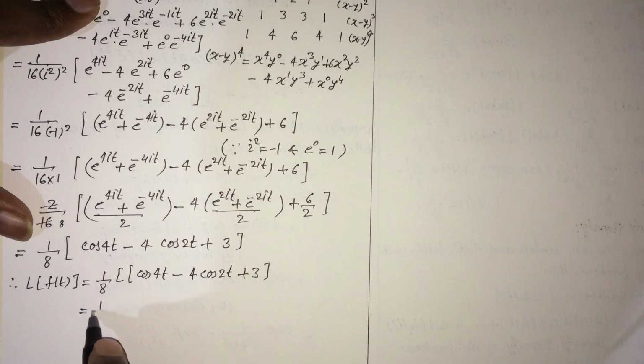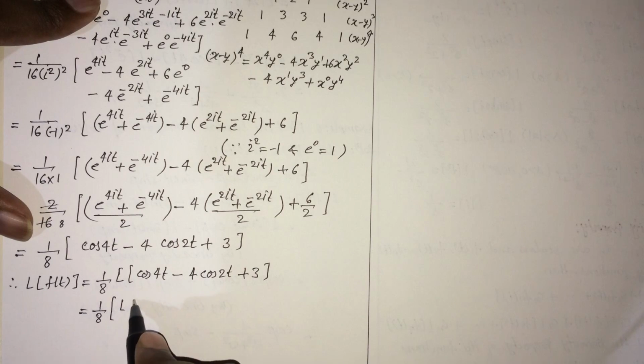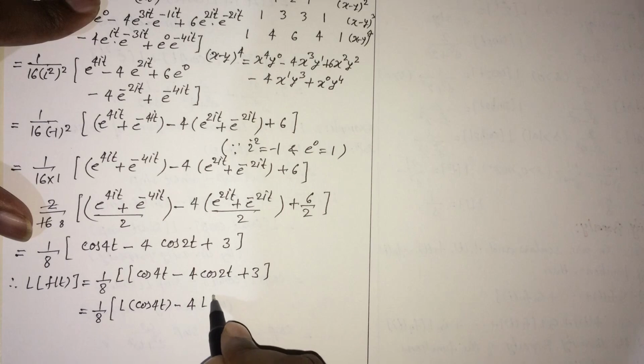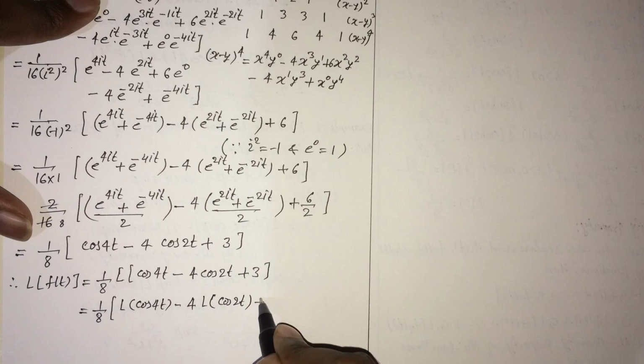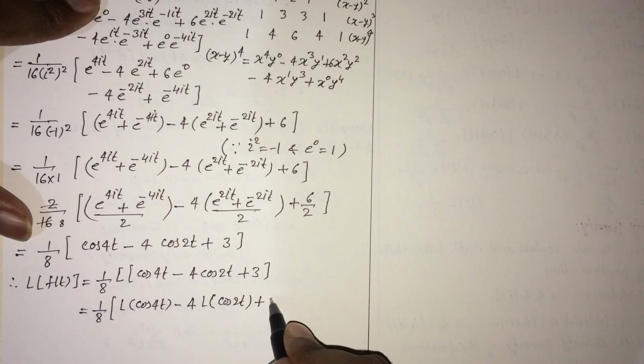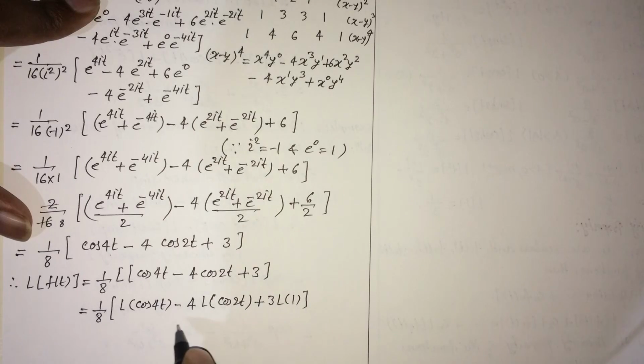So this equals 1 by 8 [Laplace transform of cos 4t minus 4, a constant, taking it outside, Laplace transform of cos 2t, and plus 3, a constant multiplied by 1, so 3 I am taking outside, Laplace transform of 1]. Why is this so? By linearity property.